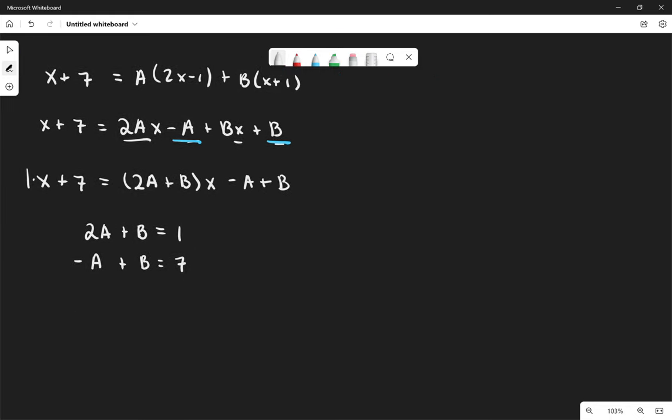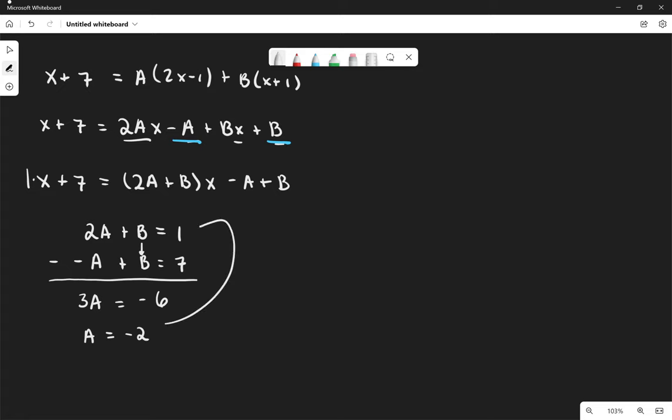I'm going to probably subtract these equations because that'll get rid of the B. 2A minus negative A, that's 3A, and 1 minus 7 is negative 6, so I get A is negative 2. And then I can just sub this in here.